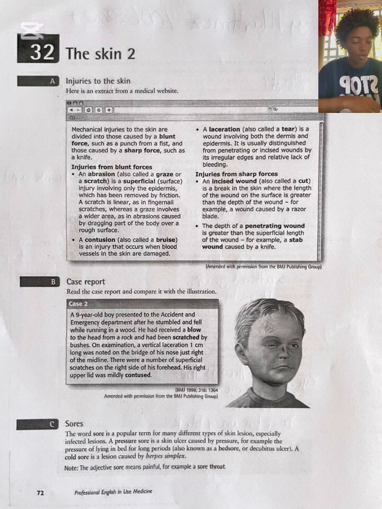A laceration, also called a tear, is a wound involving both the dermis and epidermis. It is usually distinguished from penetrating or incisive wounds by its irregular edge and relative lack of bleeding.